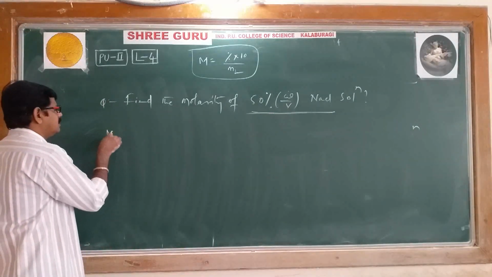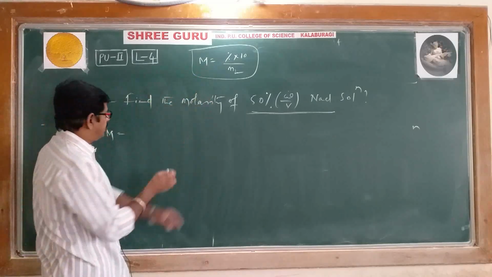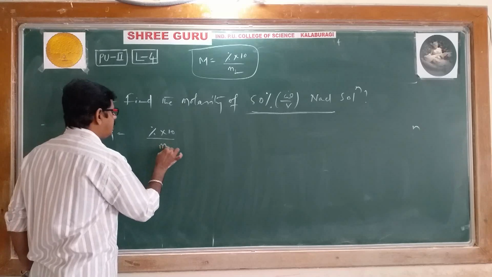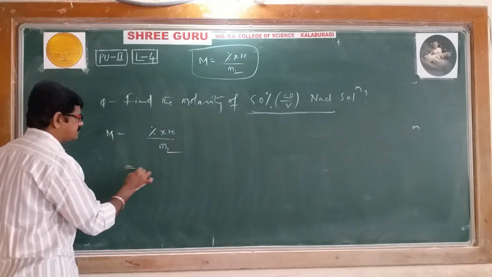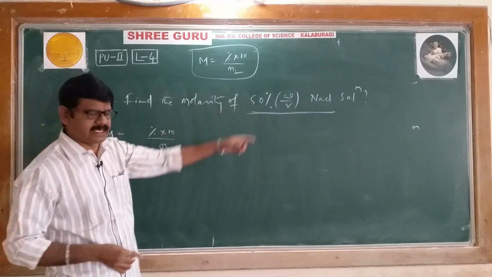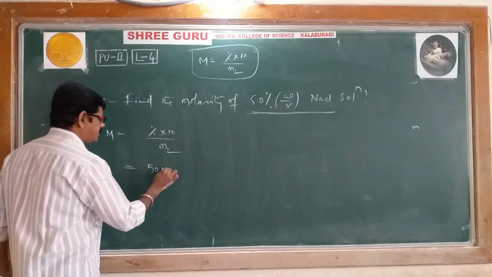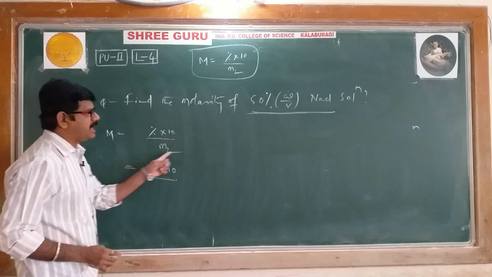We can calculate directly. Molarity equals percentage into 10 divided by molar mass of solute. That is 50 into 10, divided by the molar mass of solute.